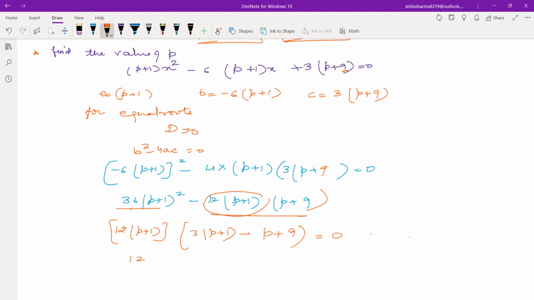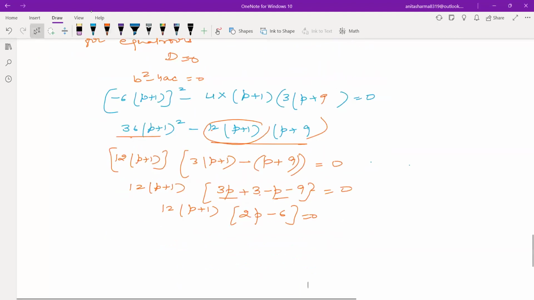So now 12 into P plus 1 into 3 ones are 3, 3P plus 3 minus P minus 9. So it will be 12 P plus 1, 3P minus P is 2P and 3 minus 9 is minus 6. Now put them equal to 0.